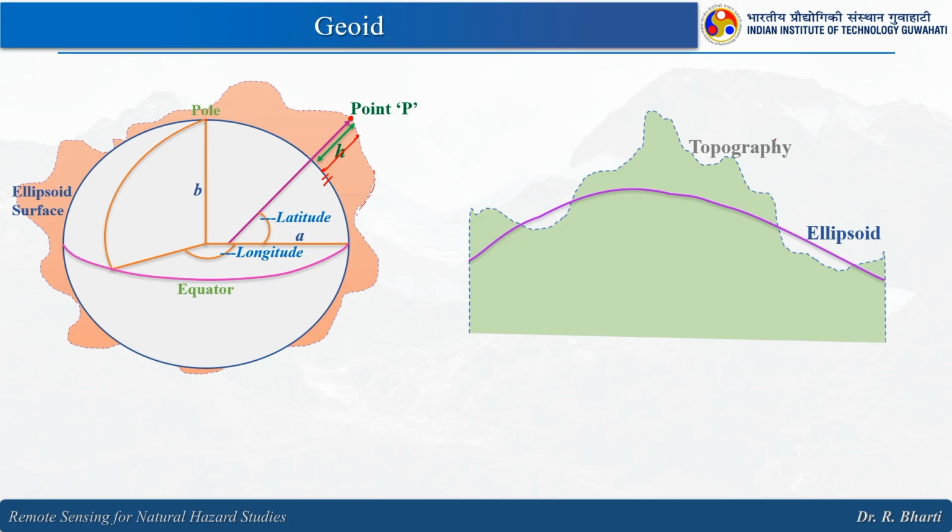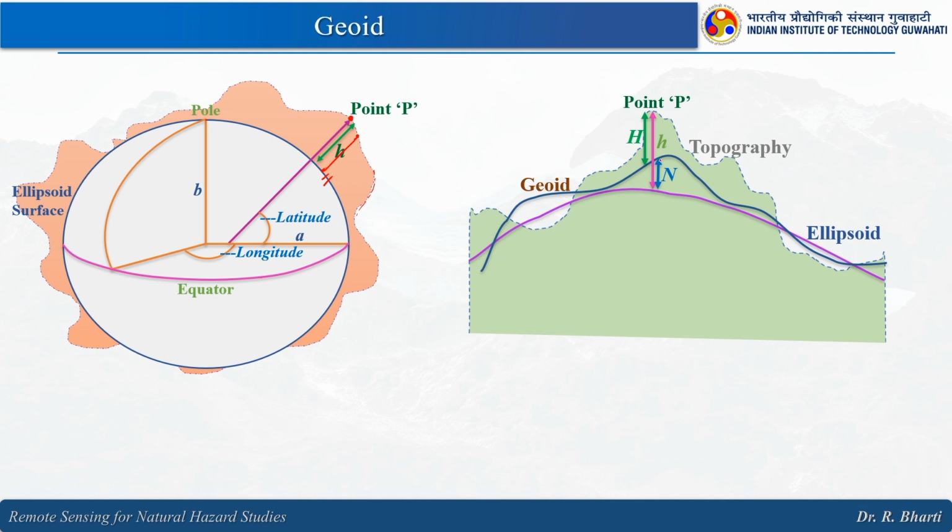It will be very clear once we see the section of it. Here you have the topography and this is the ellipsoid and this is the point P, right, and this is the height difference between the ellipsoid and the topography. This is represented with a small h. Now, we are trying to put the geoid here. This geoid will be the best representation of the topography.